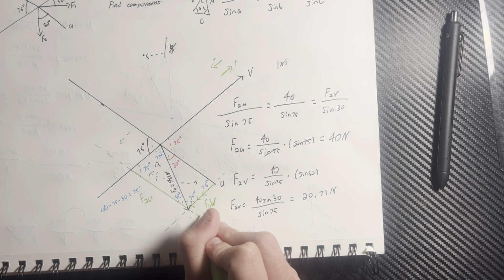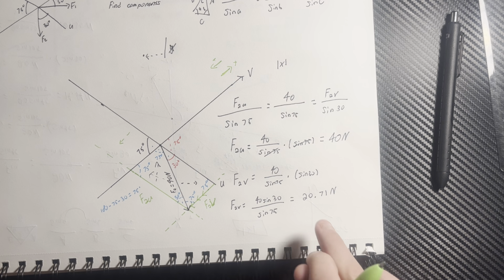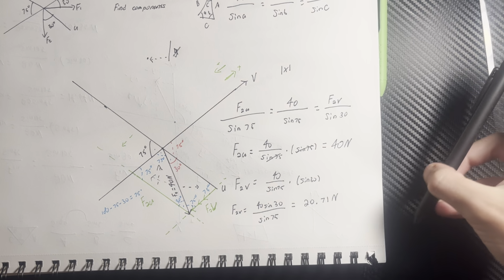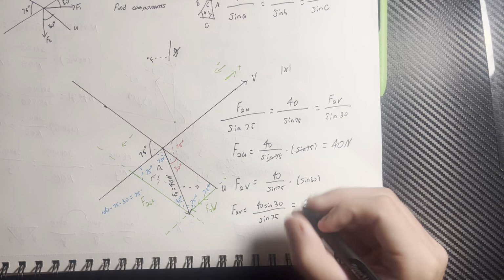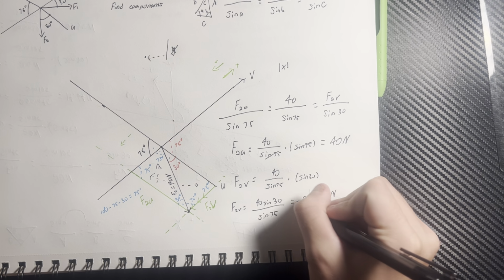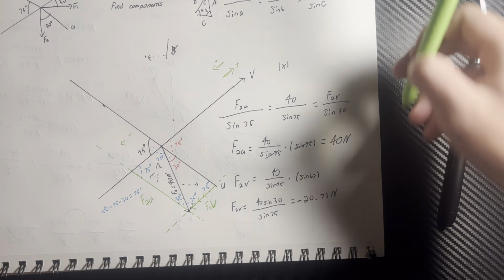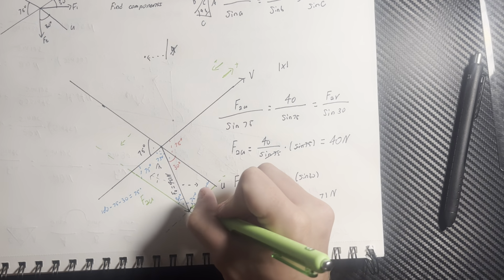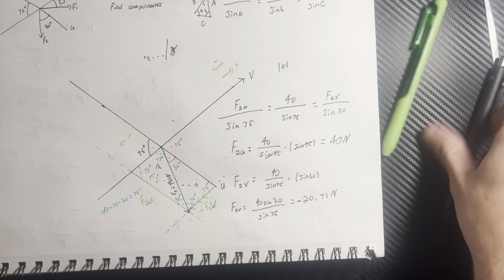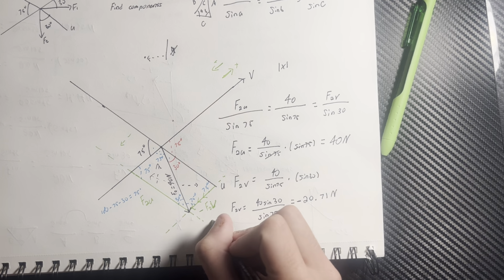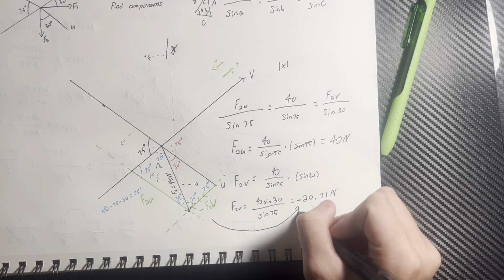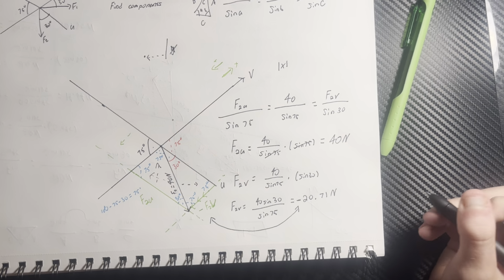So this component, F2V, is actually not 20.71 newtons. It would be negative 20.71 newtons because this is in the negative direction, negative F2V. I'm just going to draw an arrow here to apply that.